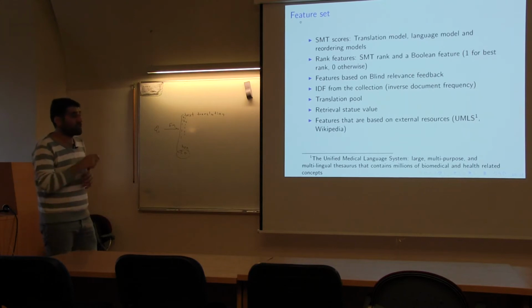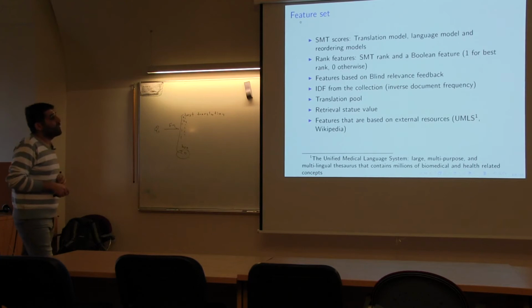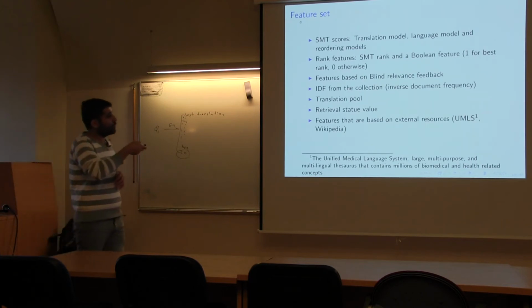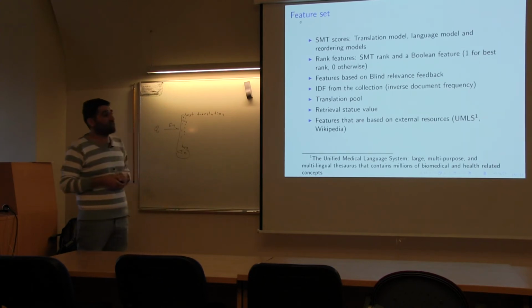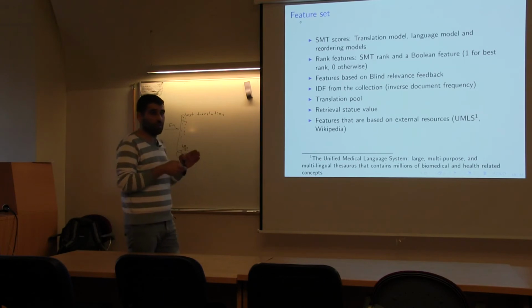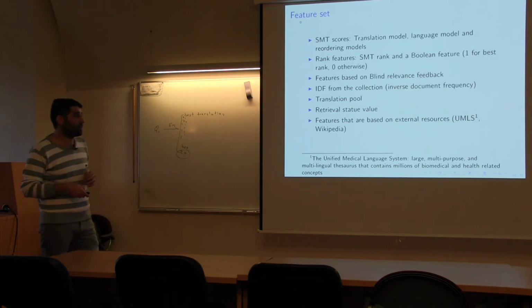So we used all of these scores: translation model, language model, reordering models. And then we added a new feature, a rank feature. It means that if this translation is the best translation, we add 1. Otherwise, for other cases, we add 0. So it's a Boolean feature for the rank.